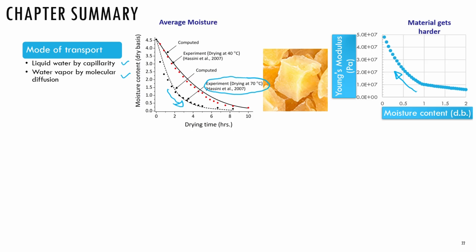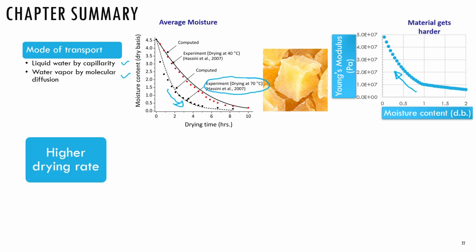So this harder outside shell that could form leads to case hardening, and this complicates the shrinkage. So at the lower moisture levels, reduction of moisture doesn't lead to the same reduction in volume of the material.